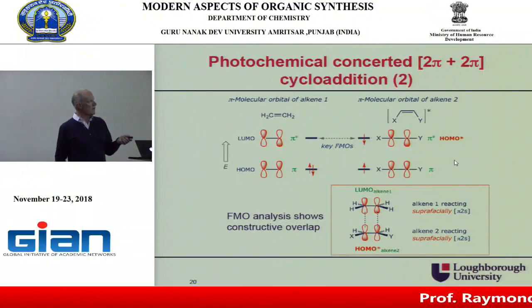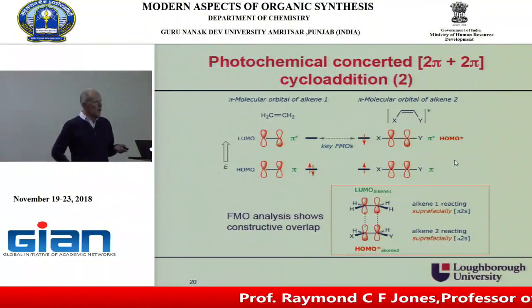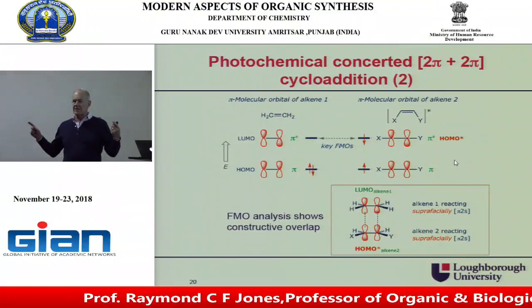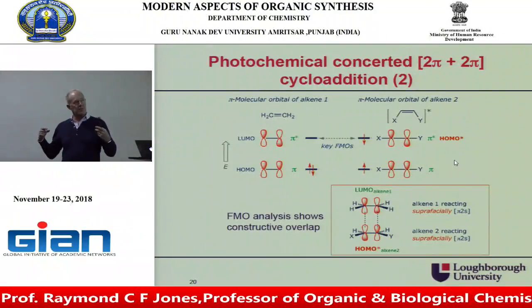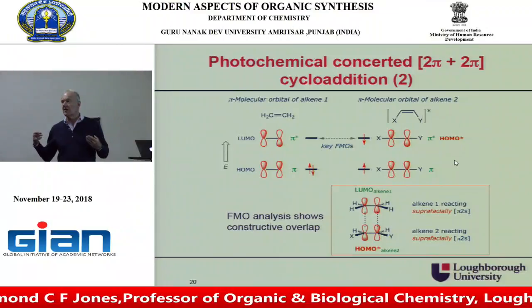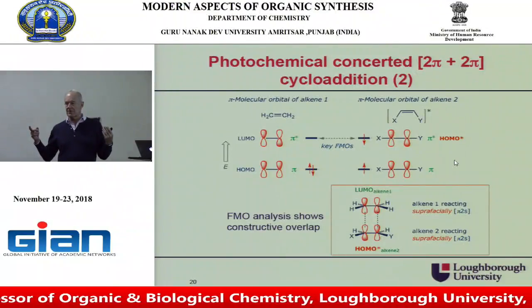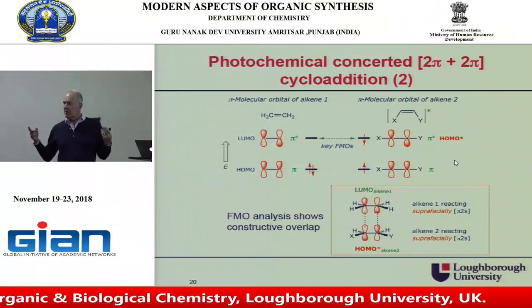So here are the orbitals of one alkene that doesn't get excited. Now the chances of two excited alkenes meeting, the number of excited molecules, is quite low. So the chances of both components being excited is quite low.